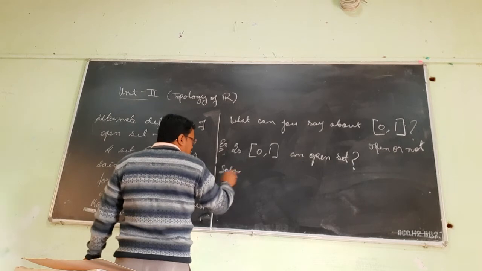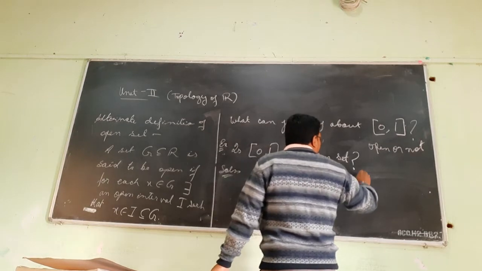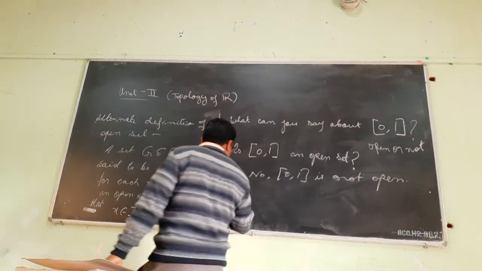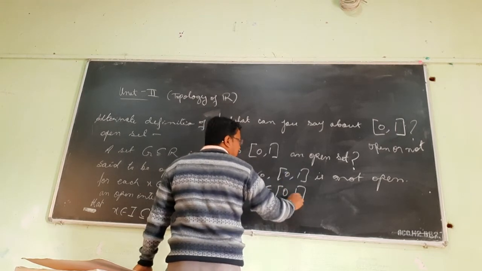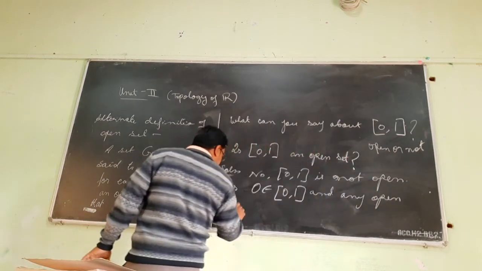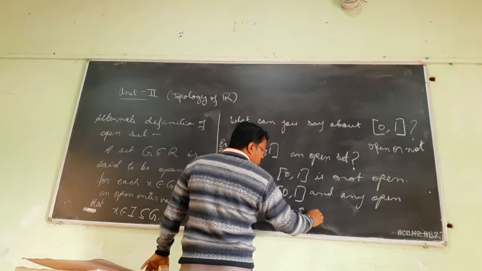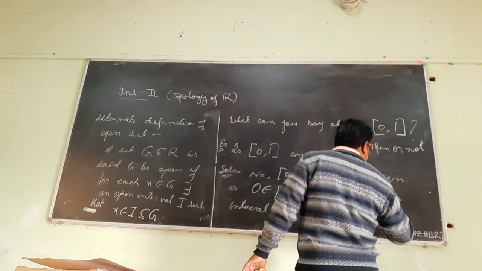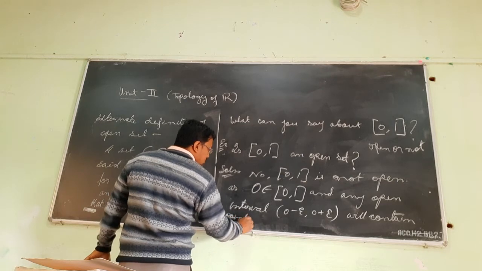Your solution is no. 0 1 is not open, as 0 is an element of this set, and any open interval 0 minus epsilon to 0 plus epsilon will contain points outside 0 1.